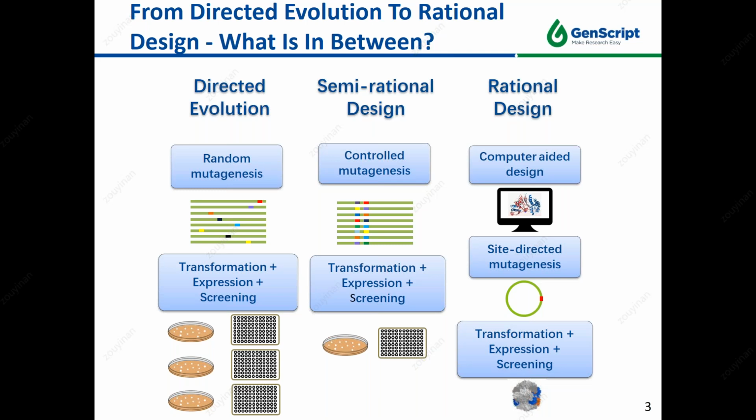Thus, scientists often pursue a rational design rather than directed evolution for protein engineering. Site-directed mutagenesis is one of the common tools to create desired mutants. Normally, only a limited number of mutants are generated using rational design. This can significantly save the cost and time at the screening step.